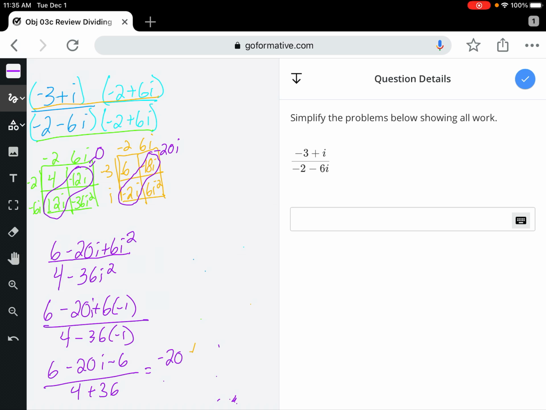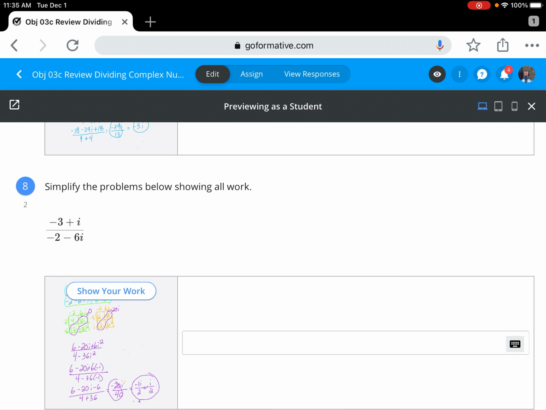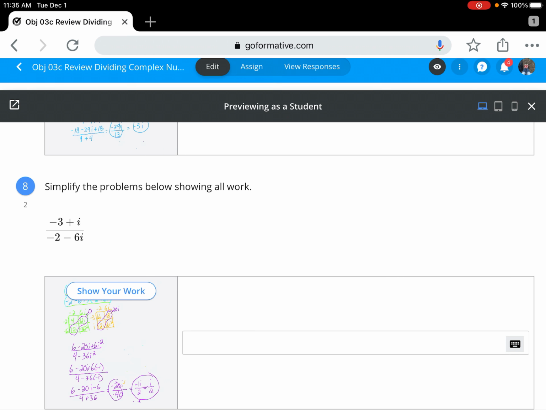This is negative 20i over 40. This can be simplified because the greatest common factor is going to be negative 1i over 2 or i over 2. And those are your two answers. And that's about it.